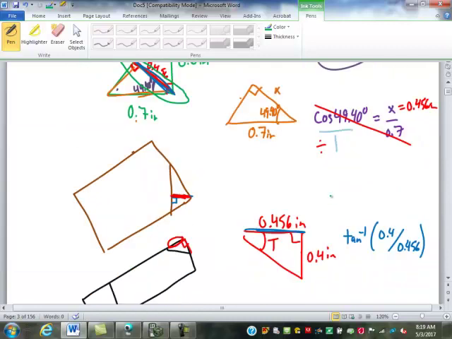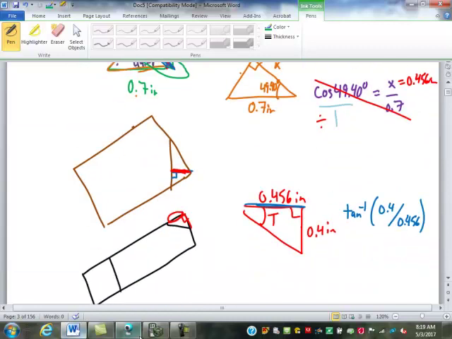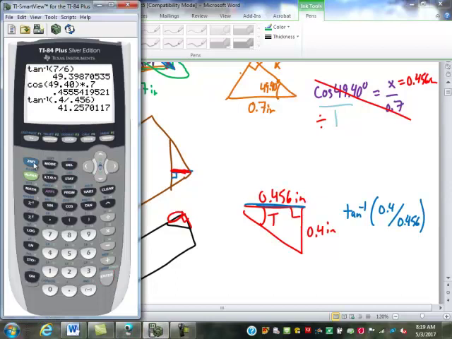What was the last? I didn't ever actually punch that in to get that angle. Inverse tangent 0.4 over 0.456. Let's try that again. Inverse tangent 0.4.